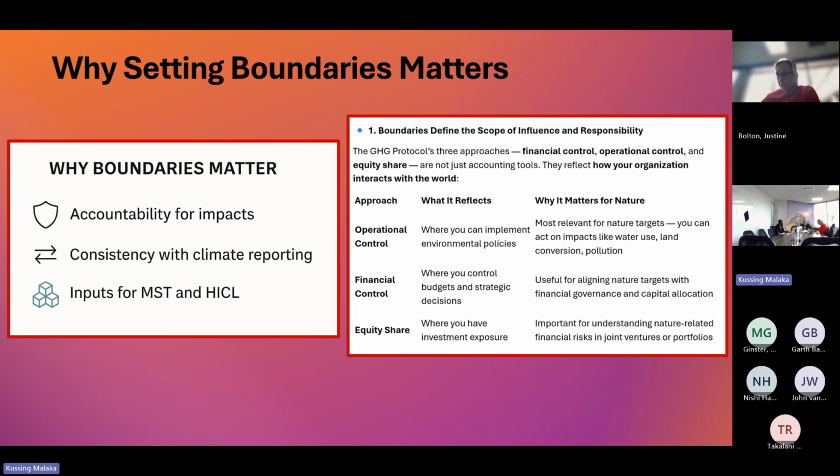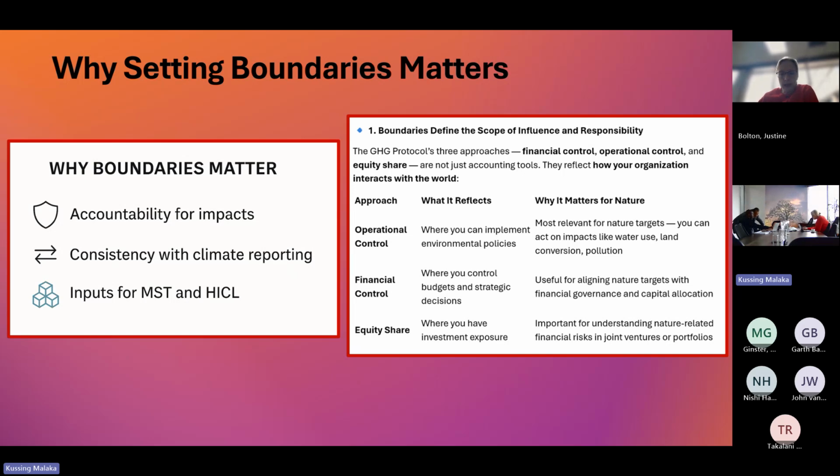Boundaries shape risk visibility. Depending on what approach you apply, if you exclude leased facilities under a financial control approach, you may miss water stress or biodiversity risks in other parts of your operations that fall outside that boundary. So choosing your boundary will determine what is in scope and what risks may be considered or excluded.